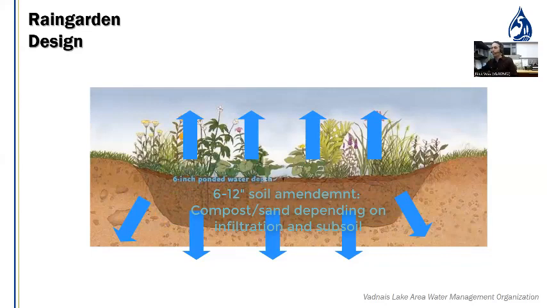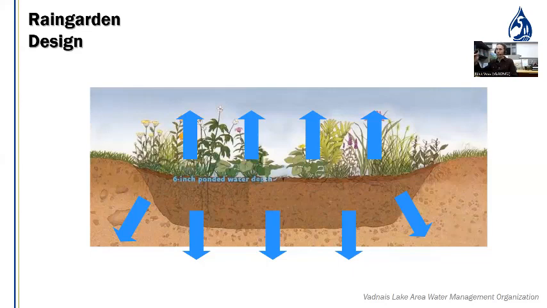That darker soil area has been over excavated into a bowl-like shape and refilled with soil compost or sometimes sand mixture to get water from the surface into that root layer.